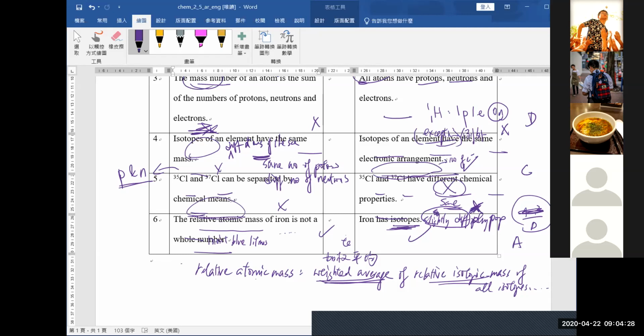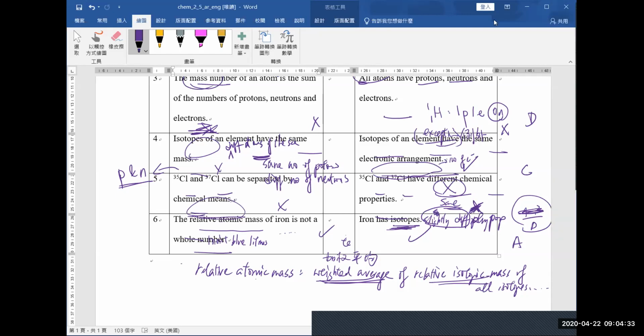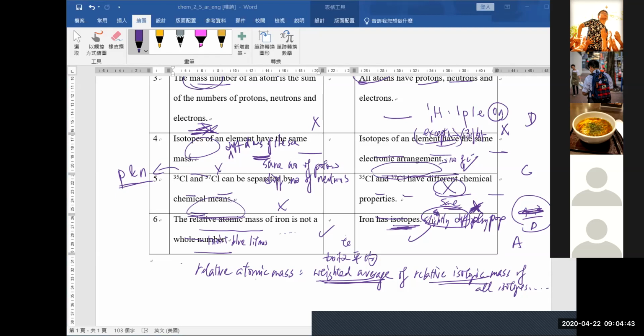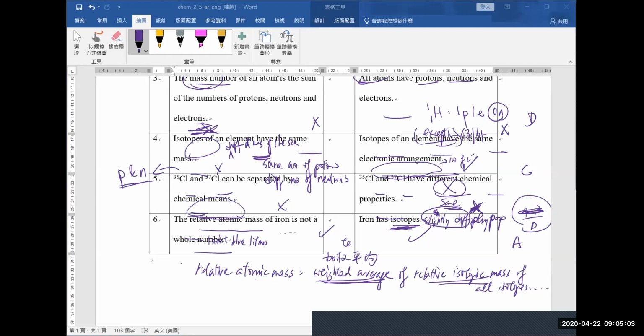Now, first of all, I just start from the first statement, which is in Form 3. Now, anyone who thinks that you can still manage, could you please put thumbs up? Show me your understanding. Thumbs down if you find that, wow, Form 3 stuff already forgotten. You still don't know what that is.